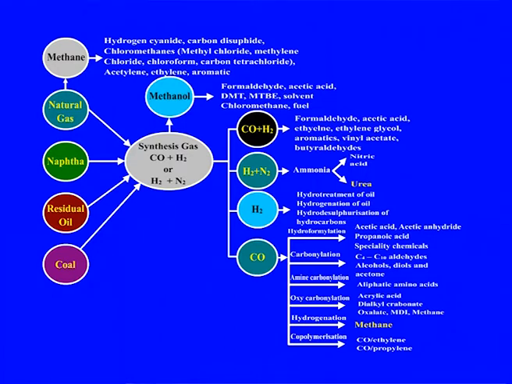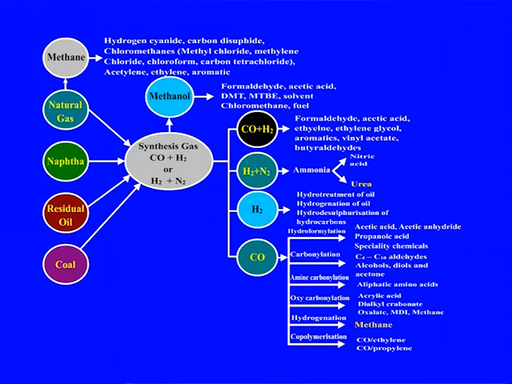For methanol, as I was discussing, formaldehyde is the major outlet, then acetic acid, DMT. In the manufacture of DMT we use methanol, and MTBE, methyl tertiary butyl ether, also uses methanol.